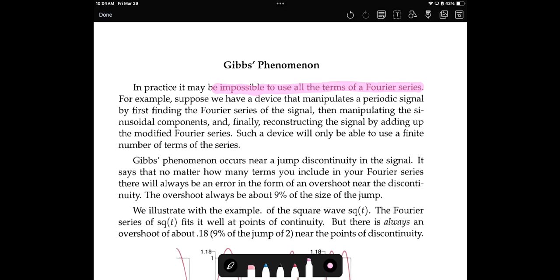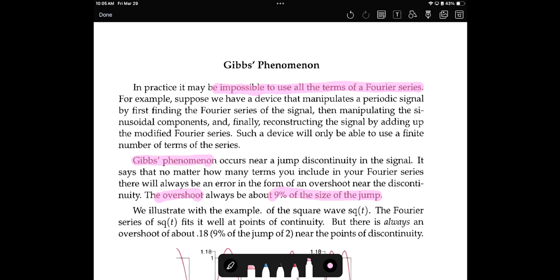So what we will do is use a finite number of terms. As we mentioned earlier in several graphs, we can use n equals 10 terms, 40 terms, 100 terms, etc. Gibbs realized that whenever we use a limited number, and that's what we can do, we cannot do infinity, there will be something called overshoots, and that overshoot is always 9% of the size of the jump.